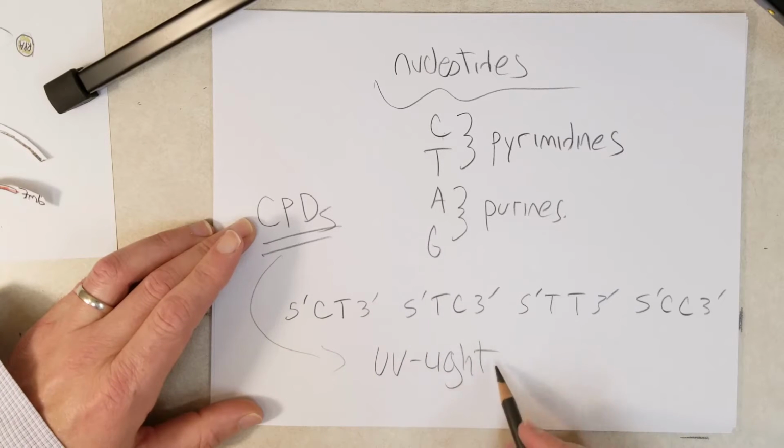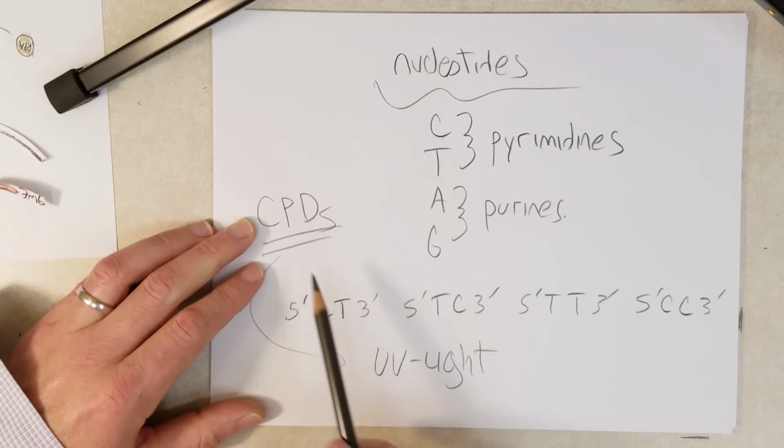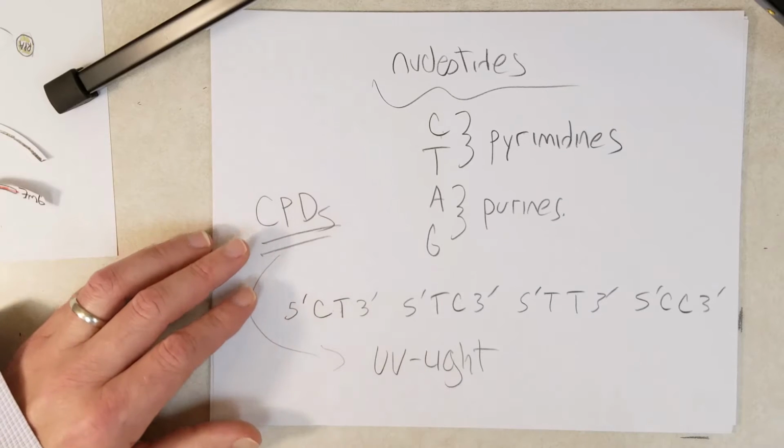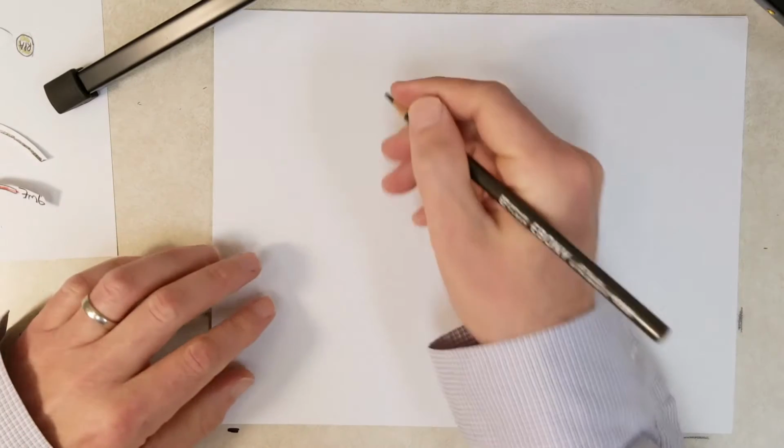UV light causes the rearrangement of electrons in the nitrogenous bases of these nucleotides, which causes the formation of that cyclobutane pyrimidine dimer. Now, let me look at the structure with you a little bit so you can see how this works.